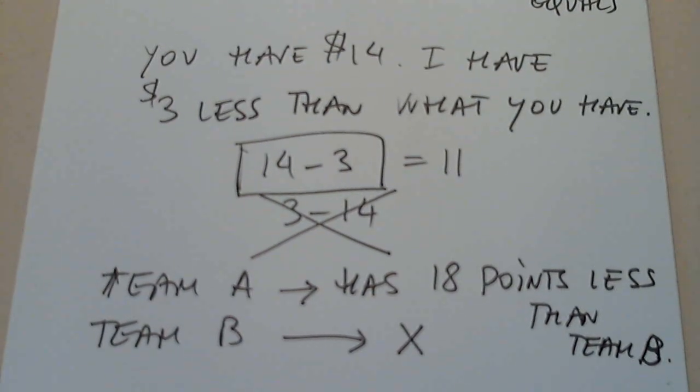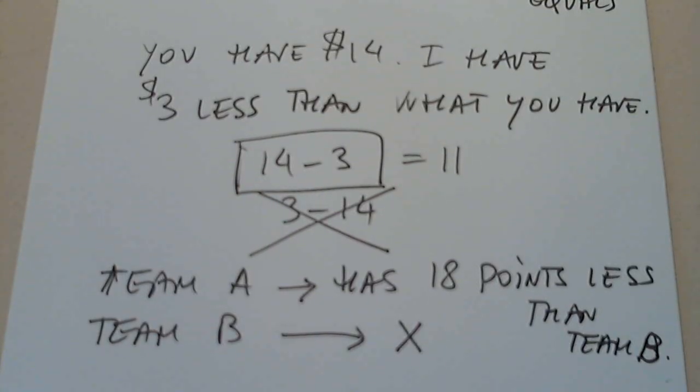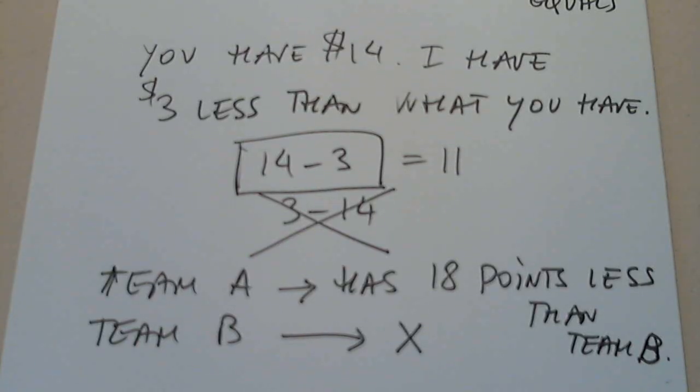What does team A have? So team B has X points. Team A has 18 points less than team B. What does team A have?